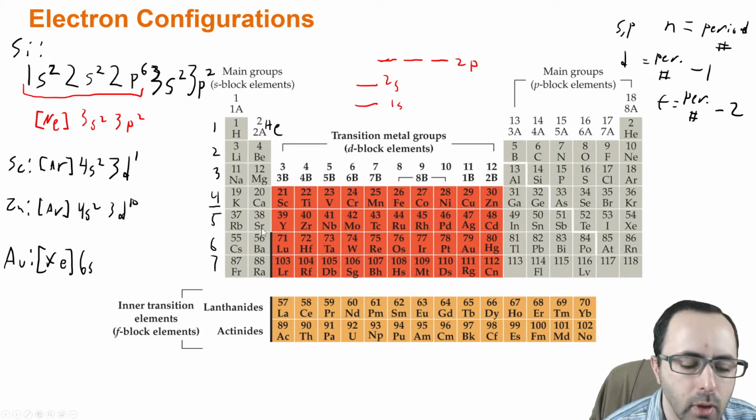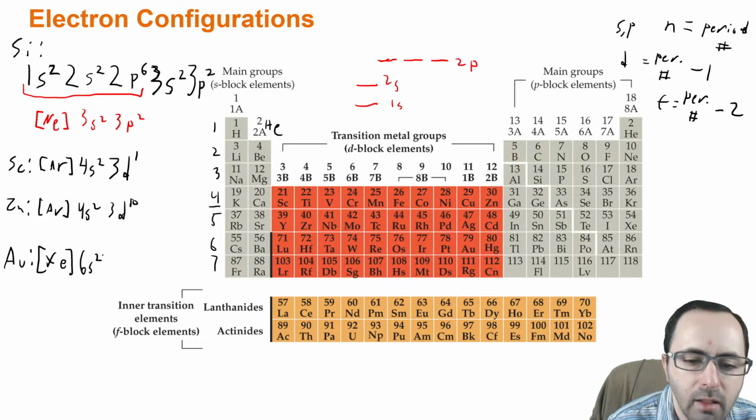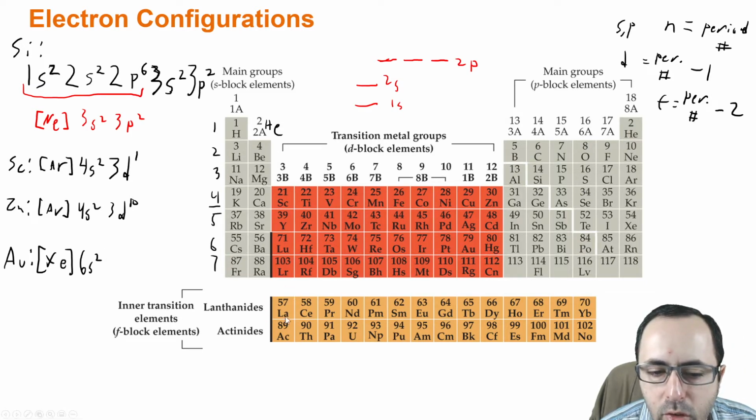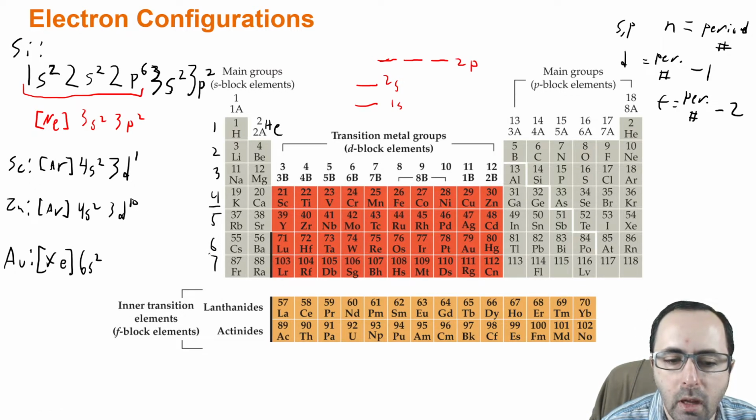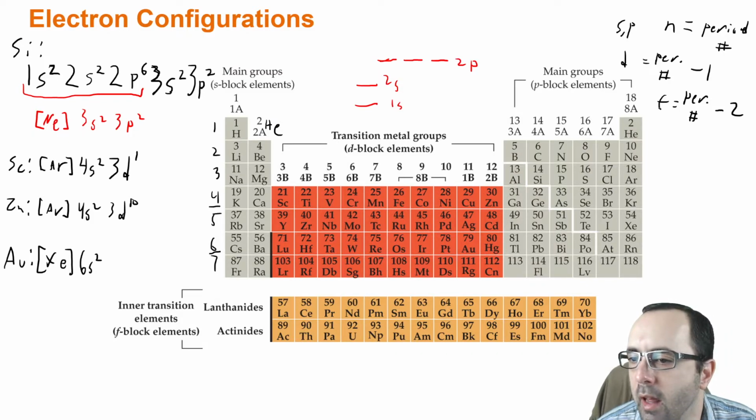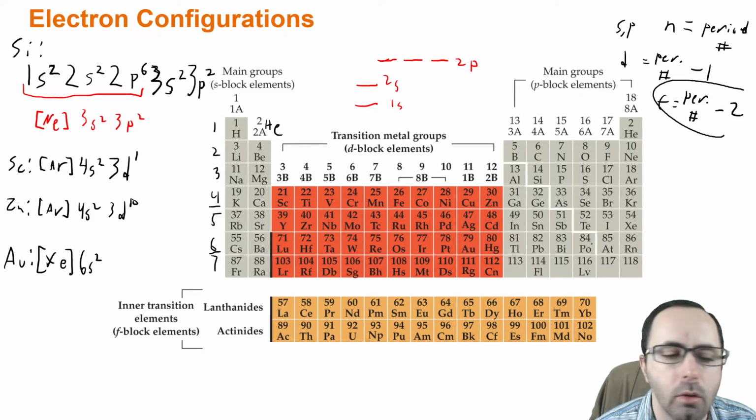1, 2. Then this black line here means that the inner transition, or F block, fits right in between here. This represents the filling of F electrons. So instead of 6, we're going to say the period number minus 2, since we're in the F block.